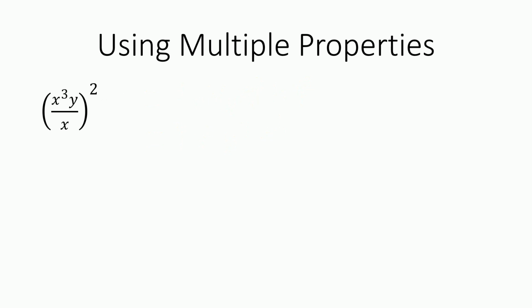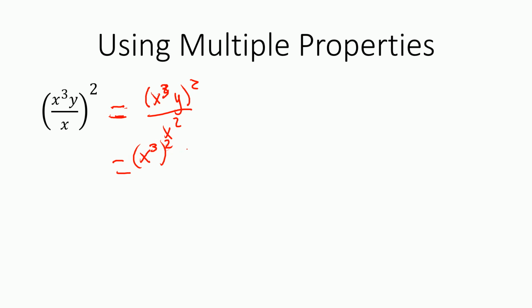So I'm going to continue with this example, and we've got x cubed y over x raised to the second power, and I'm going to work it all from the outside in again. So I'm going to first do my quotient of powers property and raise the top of this fraction to the second power and the bottom to the second power. But then I notice here this is a power of a product property, so now I'm going to distribute the 2 to each of those.